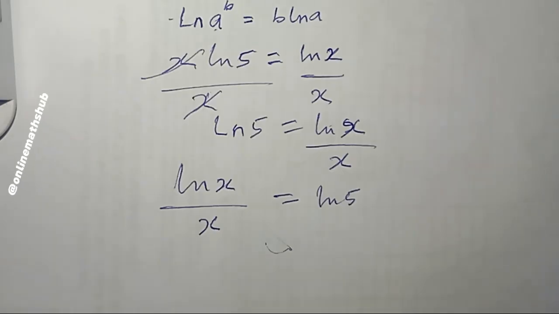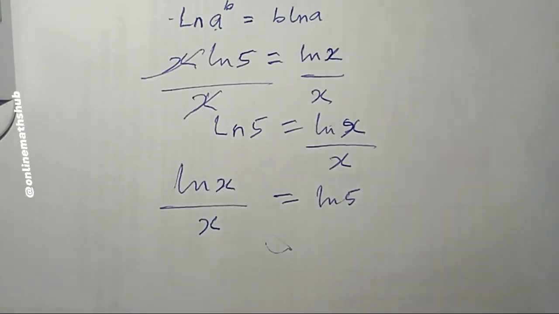In order for us to get the value of x, we are going to be applying the Lambert-W function. I've been talking about this function in most of my videos, and I've applied it to solve so many maths problems, so you can go ahead and read more about it.